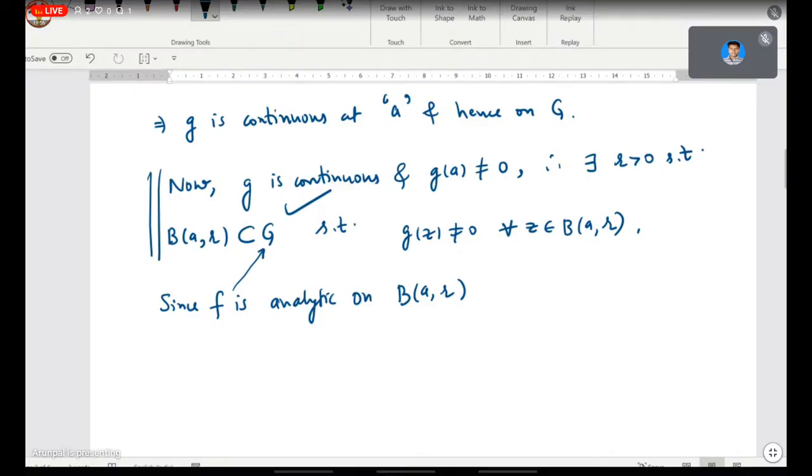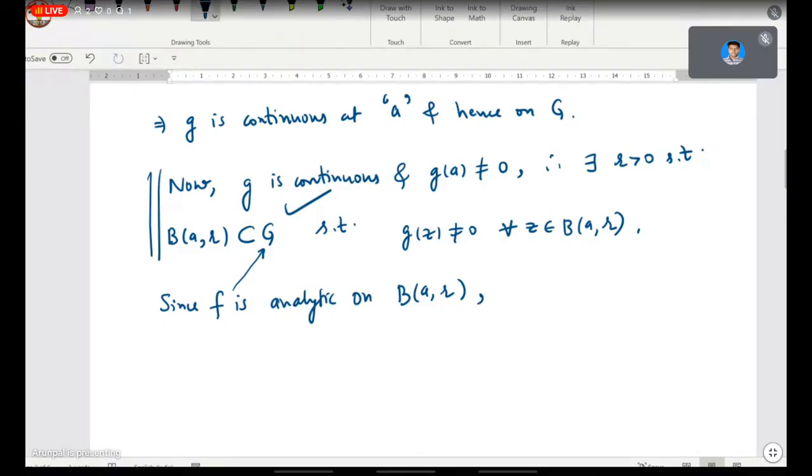And you know that if f is analytic on such a ball, then we have already done this result, that we can write a power series representation for f on this ball. Right, class? We've already done this result.